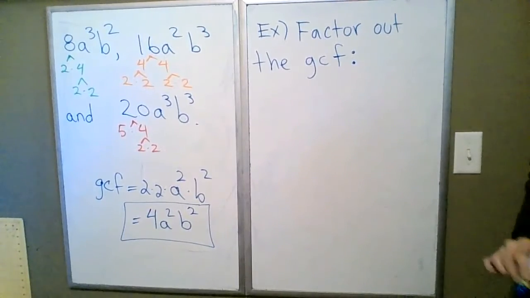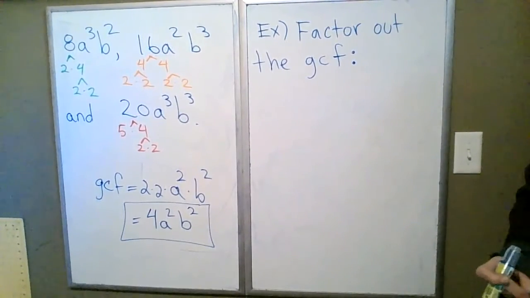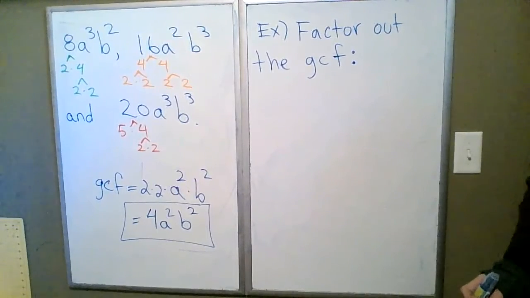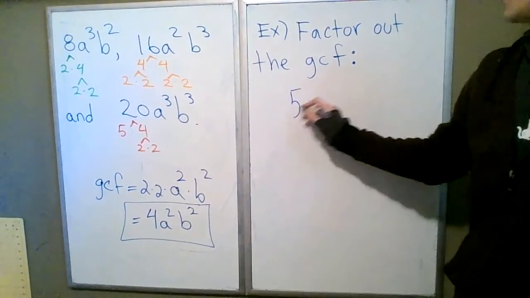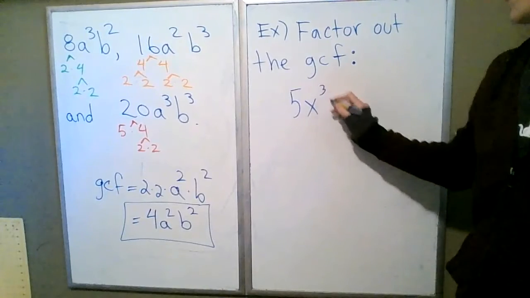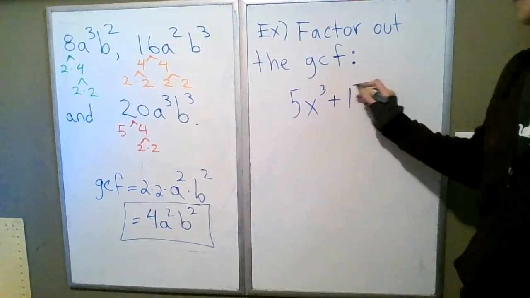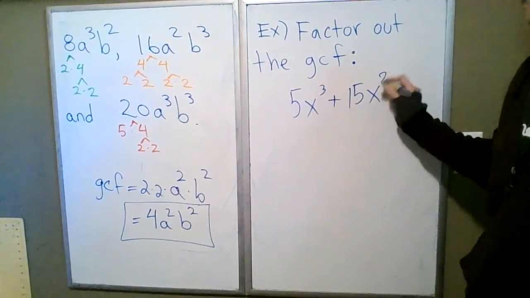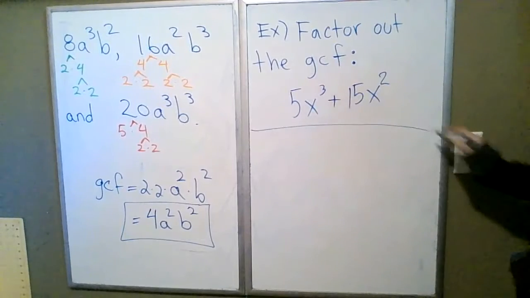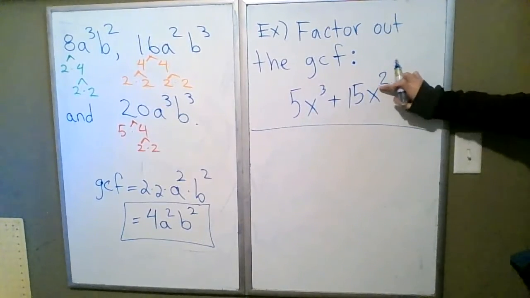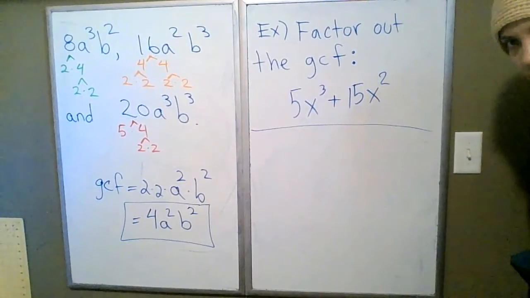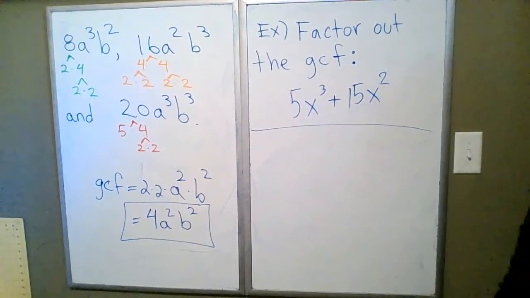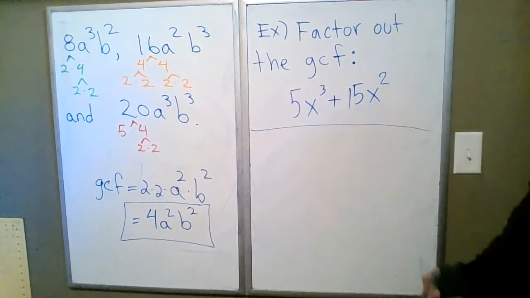Okay, so factoring from 5x cubed plus 15x squared. Okay, so I'm just going to start with the expression.